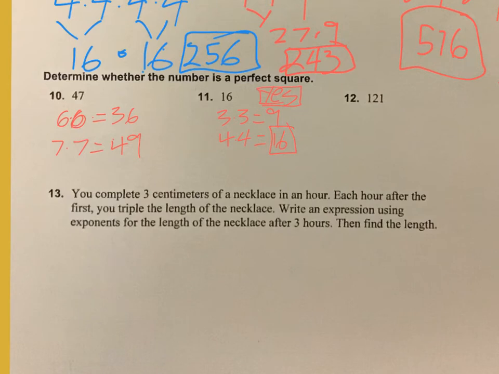And then number 12, I would like you to try that one on your own and see if you can figure that one out. Did you figure out that 11 times 11 is 121? So a number times itself equals that. So it is a perfect square. So sometimes you just have to go through the numbers if you're not familiar with your multiplication tables so much.